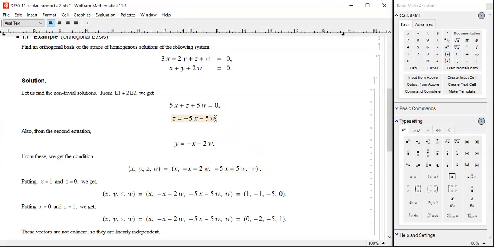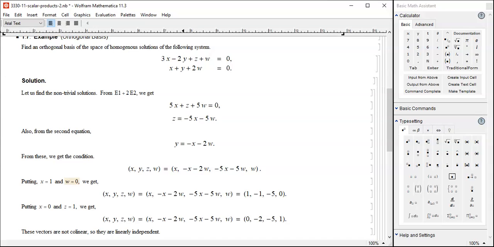So solve z with respect to x and w, solve y with respect to x and w. So with x and w, we have all these. And then you can put appropriate values at x and w.